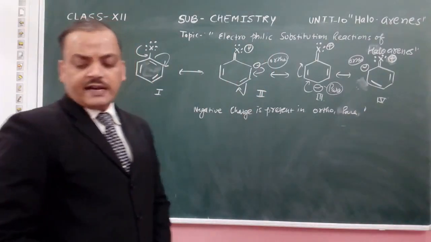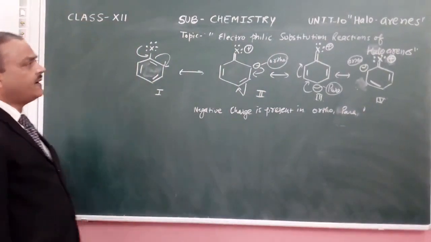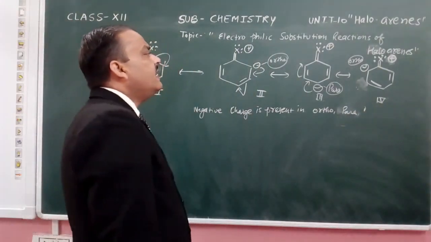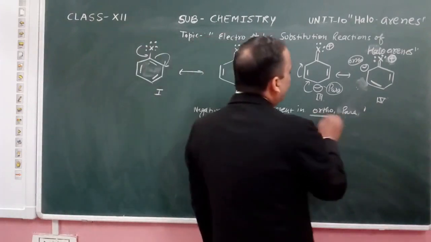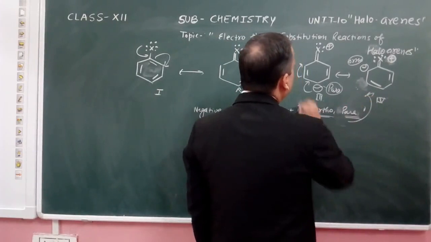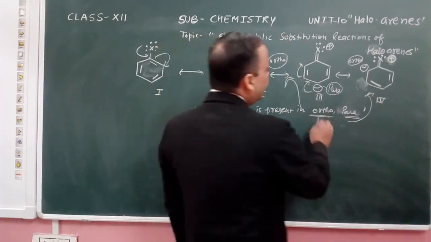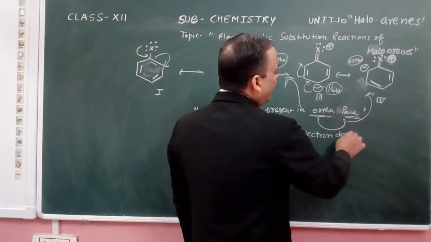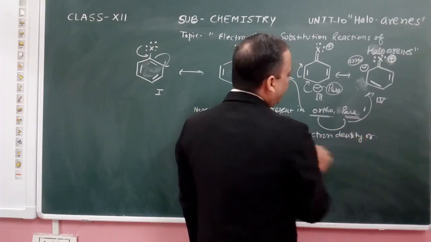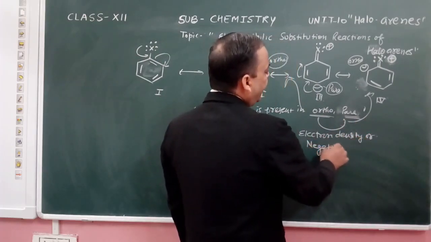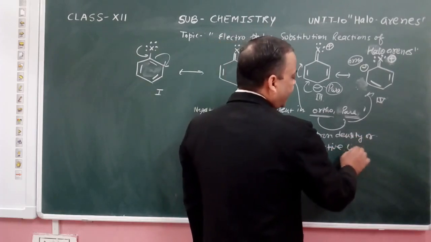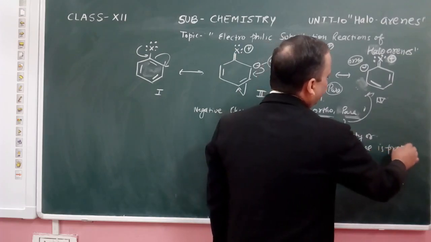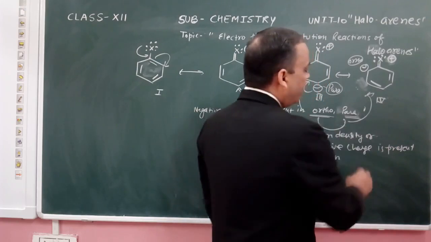Now if the electrophile comes to attack these kinds of aryl halides, the electrophile easily attacks the ortho and para positions of these atoms, because negative charge density or electron density is present on these positions.